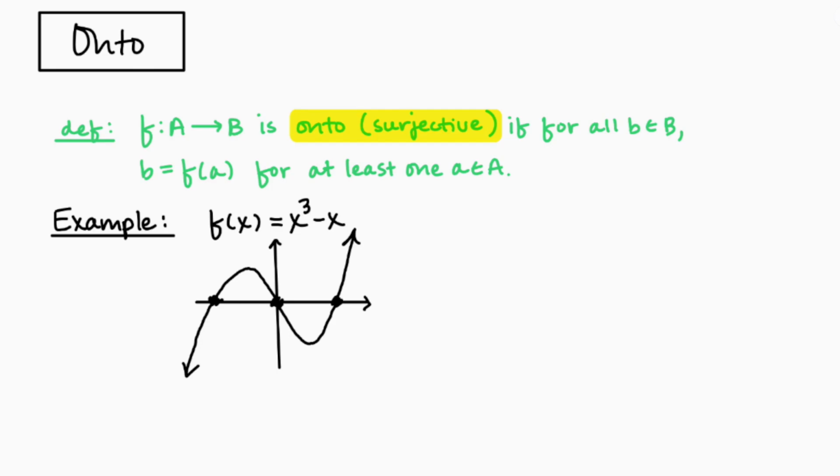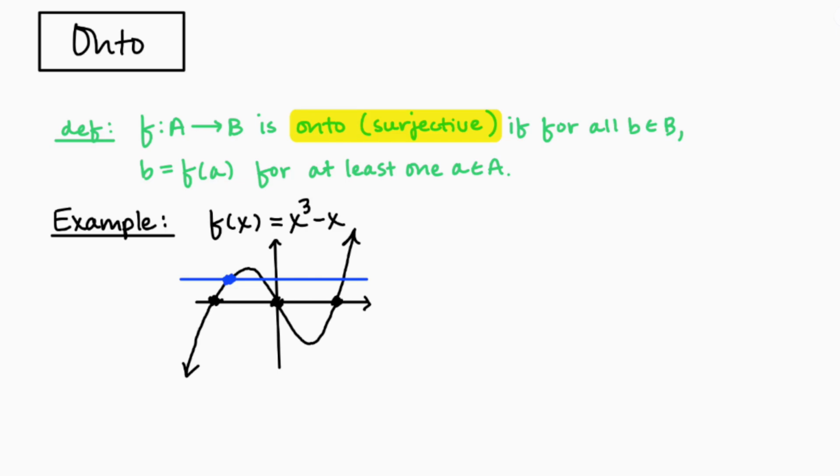All right, if we look at different outputs, this also goes into the idea of a horizontal line, and I will connect these with the idea of the preimage at the end. If we look at any y level and draw a horizontal line, we're going to hit the graph at least once. This one hits it 3 times, but it's actually not important how many times. It says for at least one element of the domain.